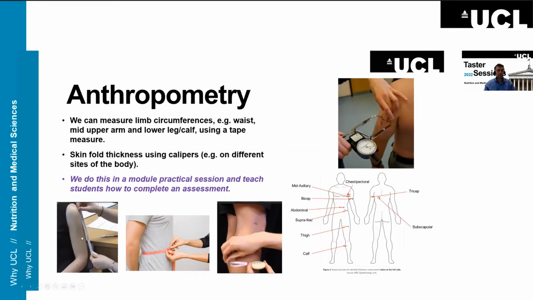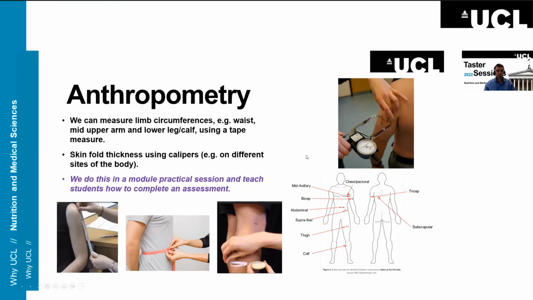So by having a combination of the circumference of the limb plus skin fold measurement using a caliper, you can see on the right-hand side here, this is taking the tricep, the back of the arm, we can have an estimation of body fat and fat-free mass.